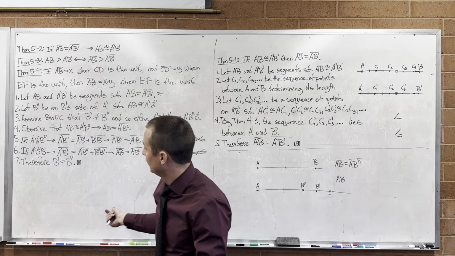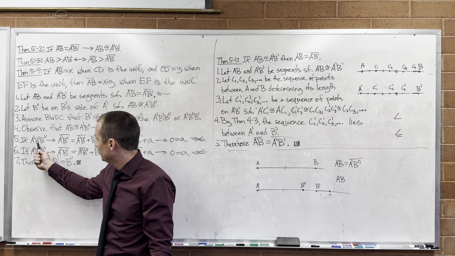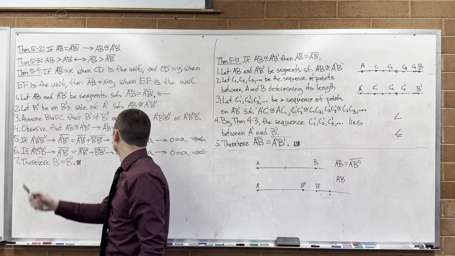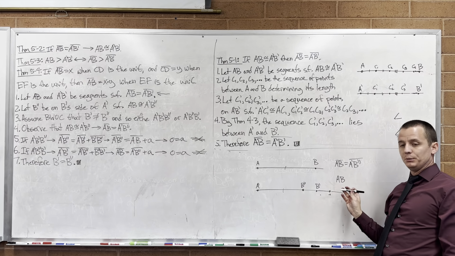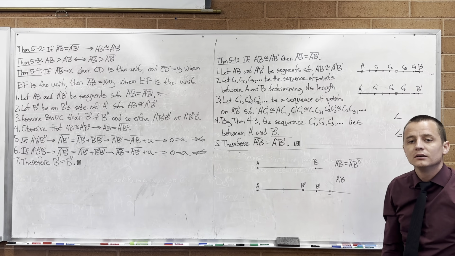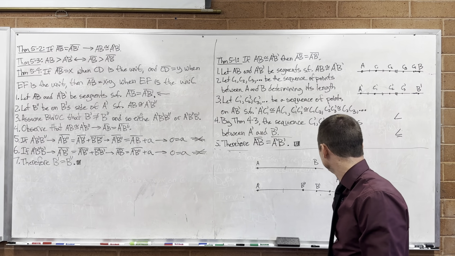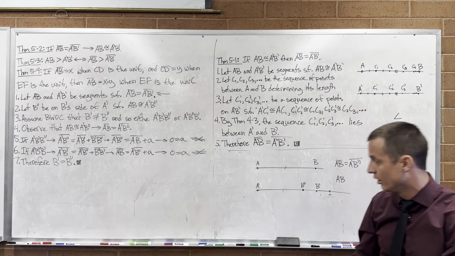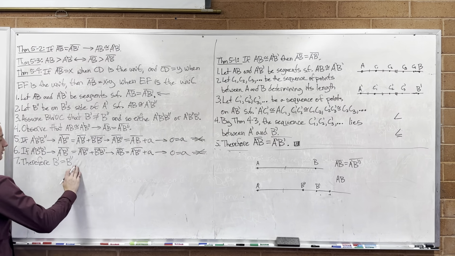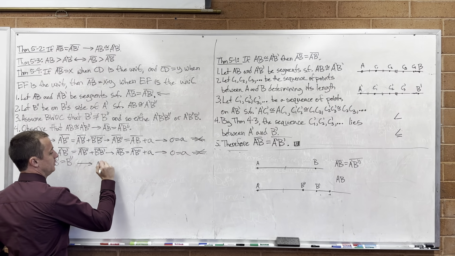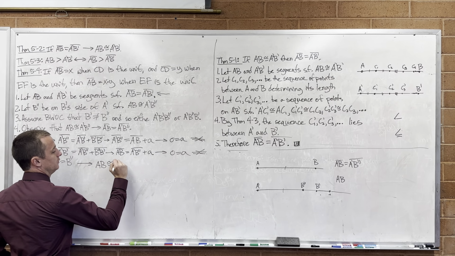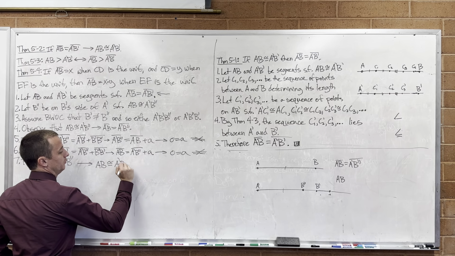So if B double prime is not on that side of B prime, and it's not on that side of B prime, it has to be right on B prime, which thus shows, because AB is equal to A prime B prime. We should finish this out. So that gives me that AB is congruent to A prime B prime, which is what we're after.